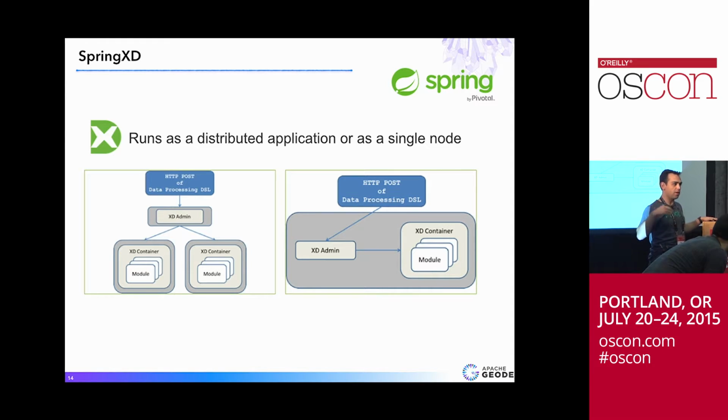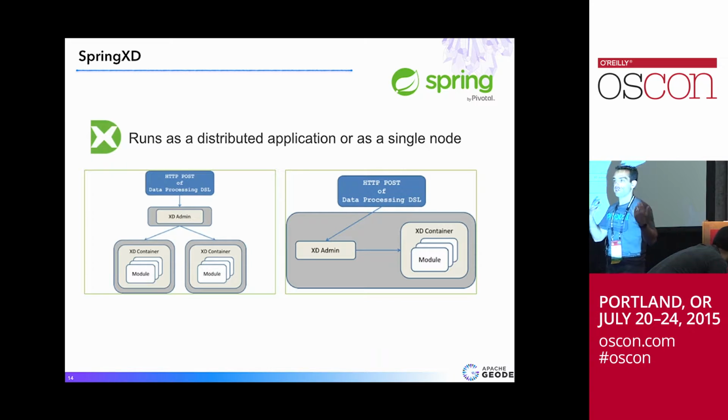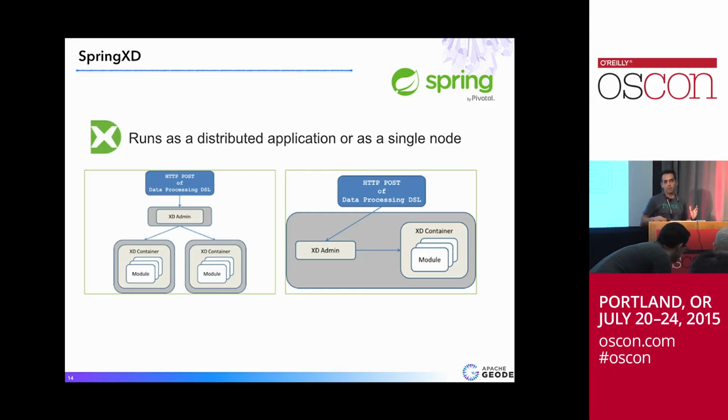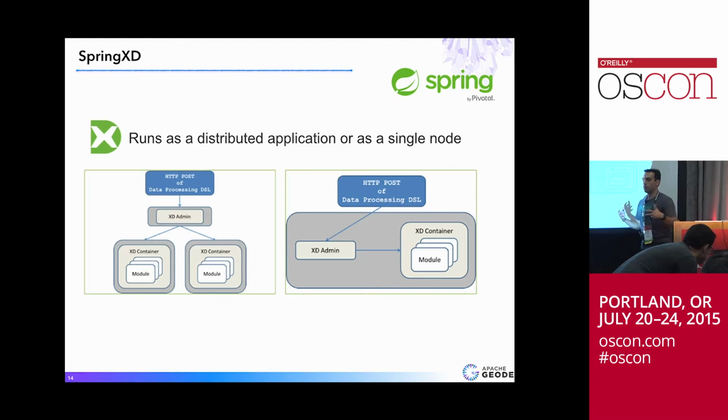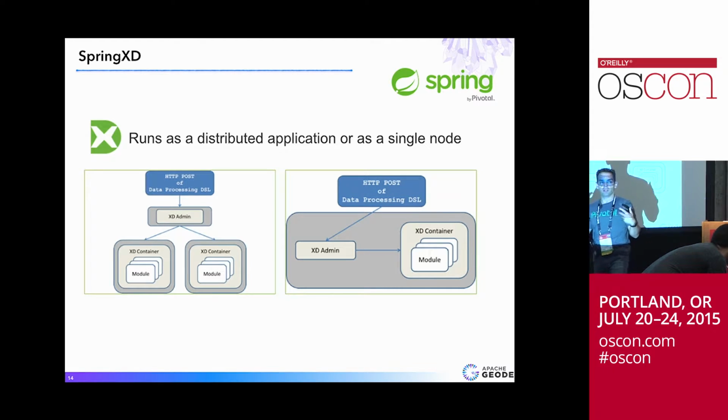Post data, get data, query, etc. You can start servers in parallel, so it scales out. As you start a server, it joins the cluster, redistributes the data automatically. It has very low latency, so you can have a lot of data coming. You can persist the data, query data and get events on your clients. The way we're going to get the data there is by creating those data pipelines that we mentioned.